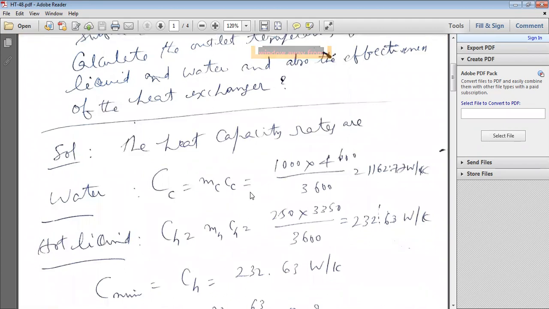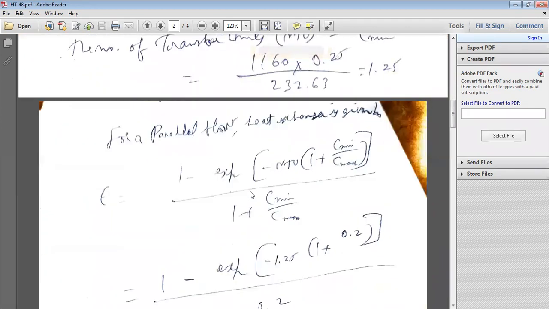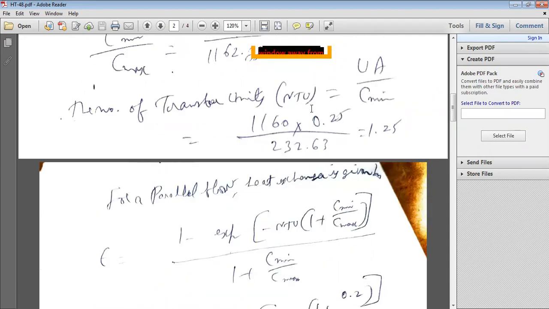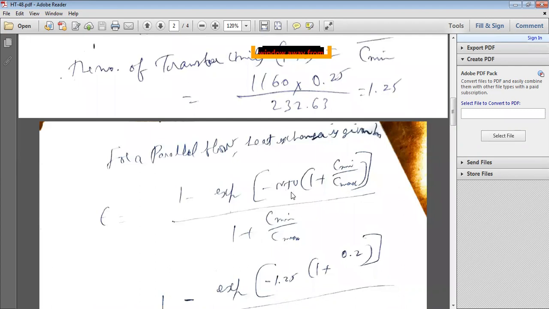For this, if you use the NTU method, effectiveness for a parallel flow heat exchanger is 1 minus exponential of minus NTU into 1 plus C minimum by C max, divided by 1 plus C minimum by C max.